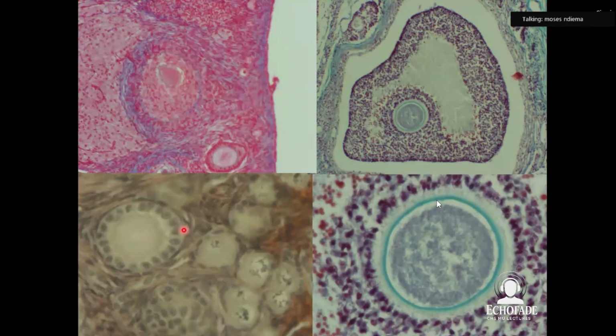But as this develops further, the lumen enlarges, the antrum. This antrum here enlarges so that we now have several layers of granulosa cells, and there are those granulosa cells that come to surround the oocyte.